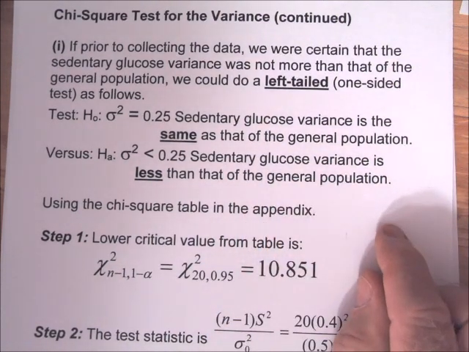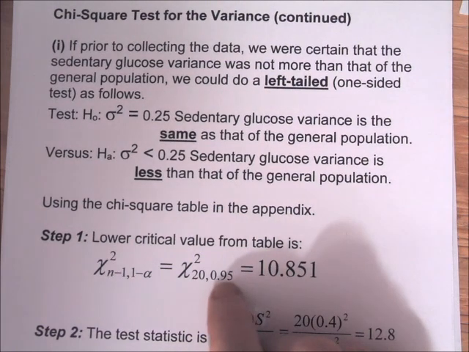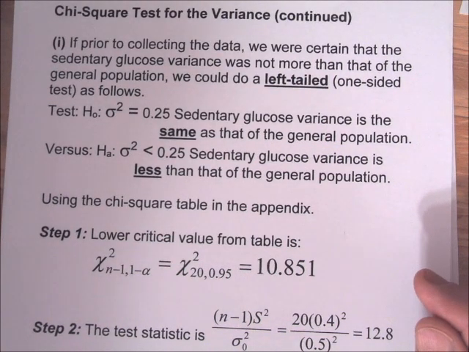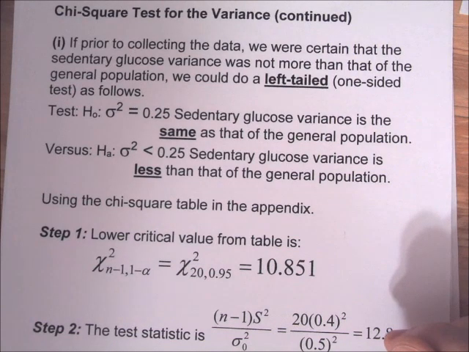For the lower critical value, we look in row 20, column 0.95 to get 10.851, and our test statistic is 12.8. Since 12.8 is more than the critical value of 10.851, we fail to reject H naught.